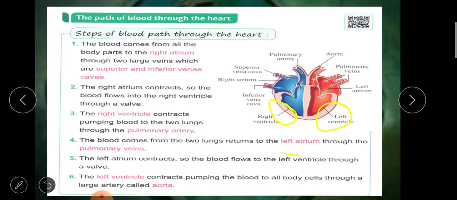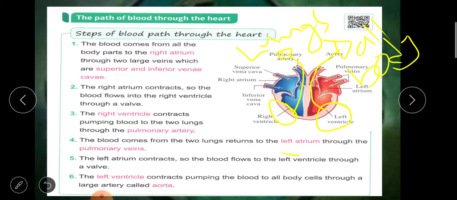Why? Because when the right ventricle pushes the blood, it will give it to the what? From the pulmonary artery to the lungs only. But when the left ventricle contracts and pushes the blood, it will push the blood through the aorta to all the body.